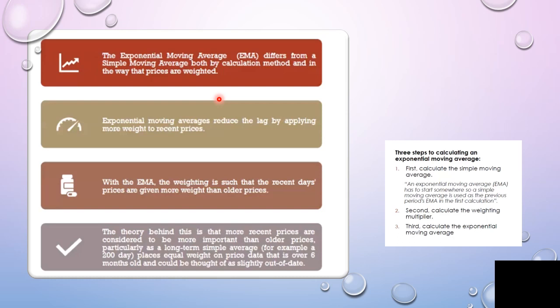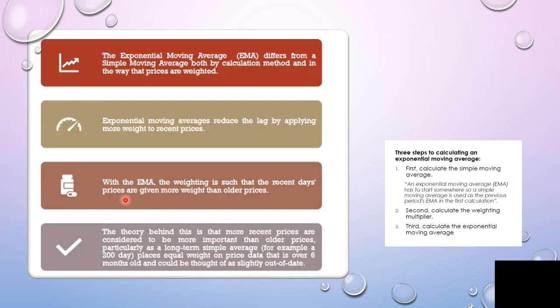Double SMA may reduce the lag, but with using EMA, it may reduce more lag. Okay, why? Because of applying more weight to recent prices. With the EMA, the weighting is such that the recent days' prices are given more weight than the older prices.